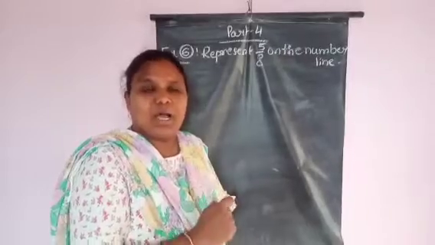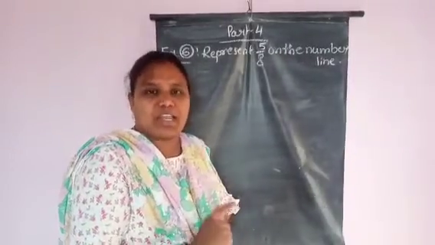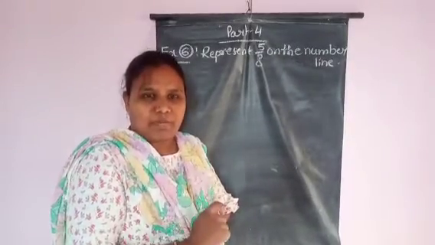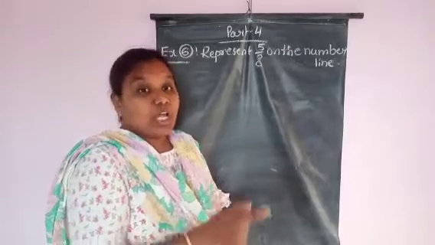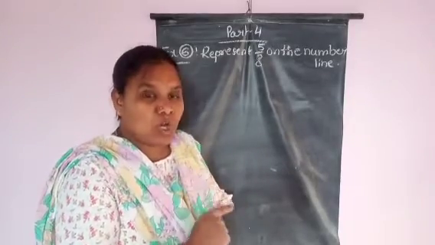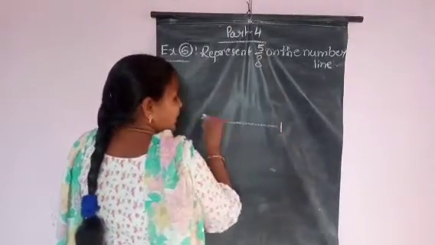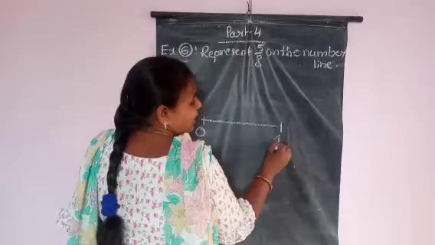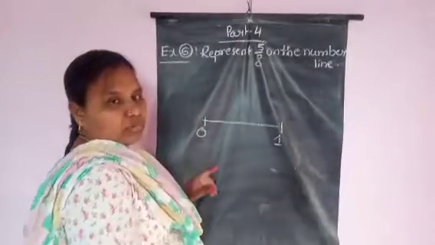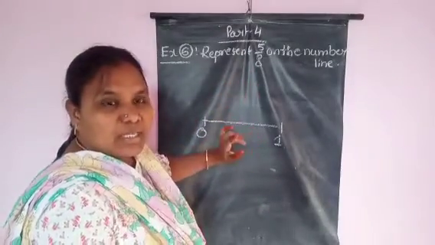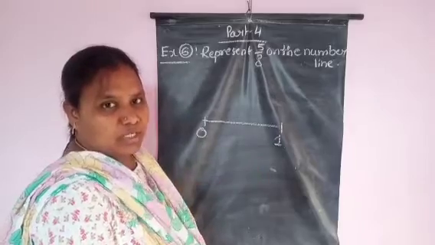We know that all proper fractions are less than 1. So on the number line also, this 5 by 8 lies between 0 and 1.